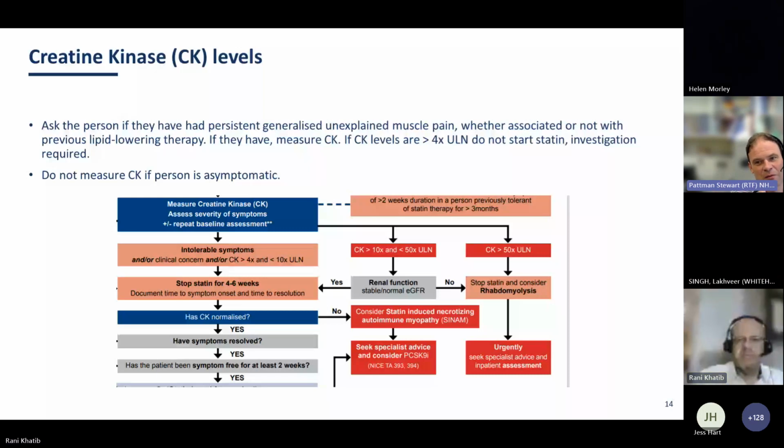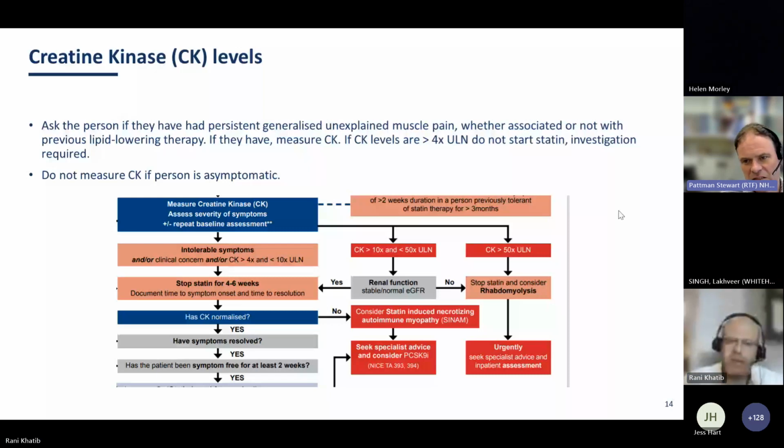So before you request that blood test, you need to have a question, and that's where that approach of saying you've got unexplained muscle pain comes in, making sure that you've checked things like vitamin D, and that they've not got anything like polymyalgia rheumatica or concurrent infection. I know a lot of people do have muscle aches, or aches and pains, so it's about teasing apart: is this a new thing? What's the severity of it, etc.